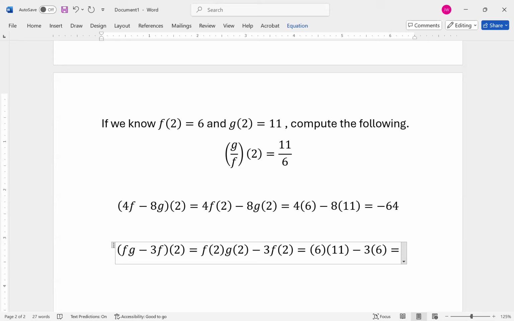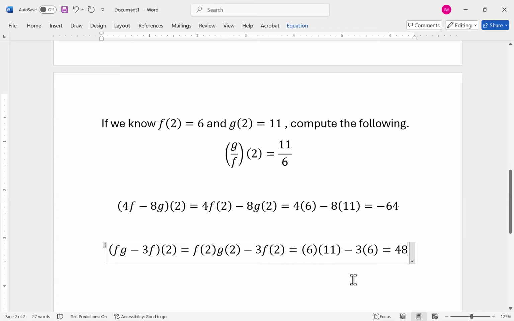So 6 times 11 minus 3 times 6 becomes a 48. And that's the final value there. This shows we can have lots of different combinations of these operations of adding, subtracting, multiplying, and dividing. And we do the natural thing.